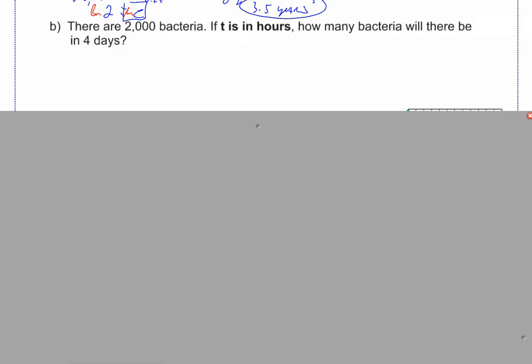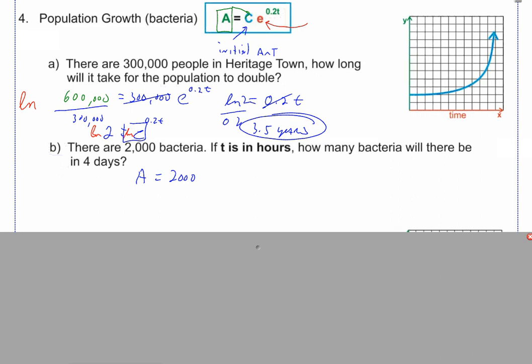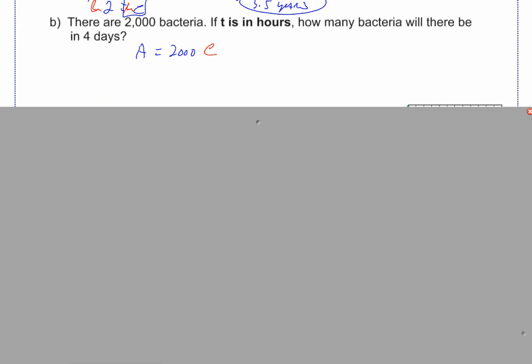Okay, there are 2,000 bacteria. If t is in hours, how many bacteria will there be in 4 days? This one's a straightforward problem. We're looking for A because we're looking for how many bacteria. Initial amount, 2 grand, right? We're going to use e. You'll find your e button as well in a minute. And then we have the 0.2, and t is in hours.